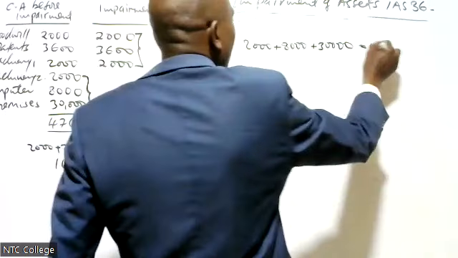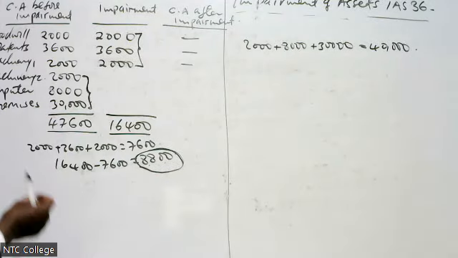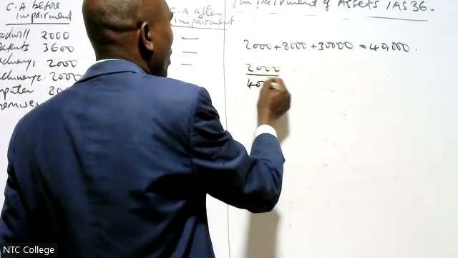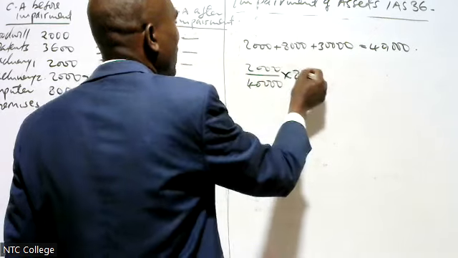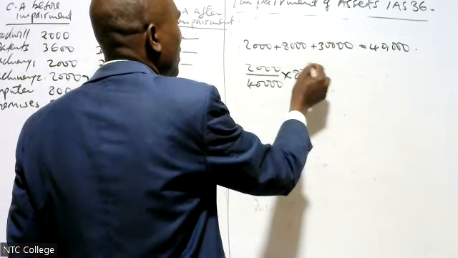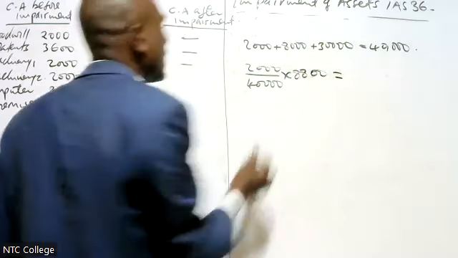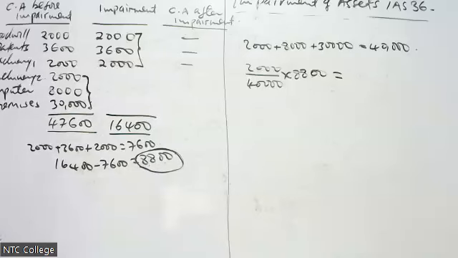I get 40,000. Now, if I want to allocate impairment to this good asset, I will take 2,000 over 40,000 total times 8,800. Then I get how much impairment I'm going to allocate to this good machine.